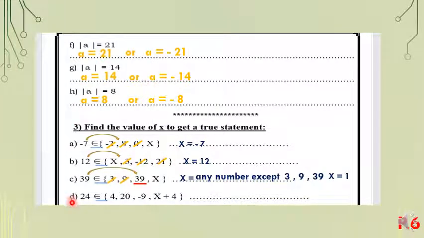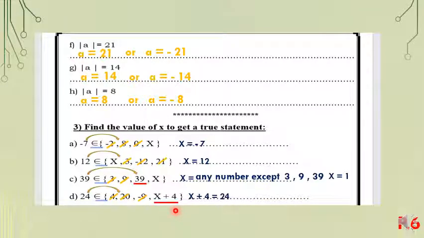Letter D. 24 belongs to the set which has 4, 20, negative 9, x plus 4. So, can this 24 be 4? Of course not. Can be 20, of course not. Can be negative 9, of course not. What is left now? Here we have x plus 4.